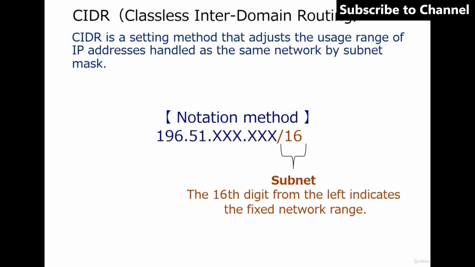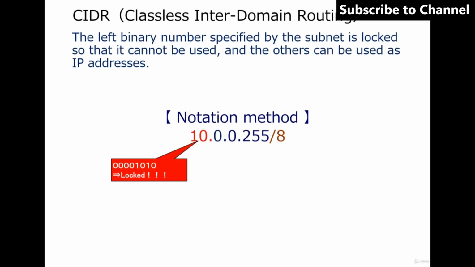It's difficult, isn't it? Let's take a closer look. If the subnet mask is /8, it masks the range of 8 digits from the left in binary notation. Decimal 10 is displayed as 00001010 in binary notation, so a /8 masks this 8-digit binary.